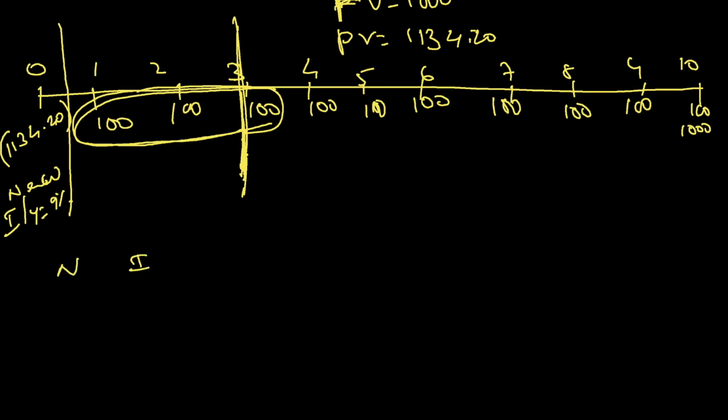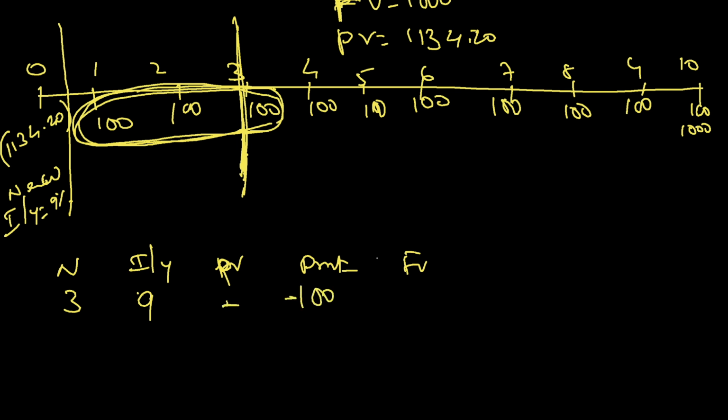So N, IY, present value, payment, future value. N is 1, 2, 3, 3 times I'm getting 100. So 3. IY is 9 percentage. So 9. Present value, nothing. Payment 100 I'm going to reinvest. I need to find out the future value of this 100.